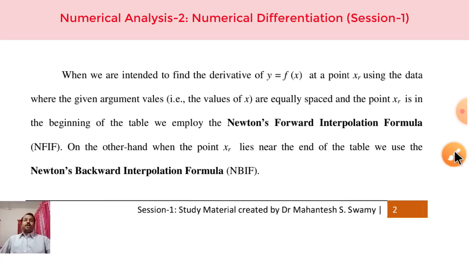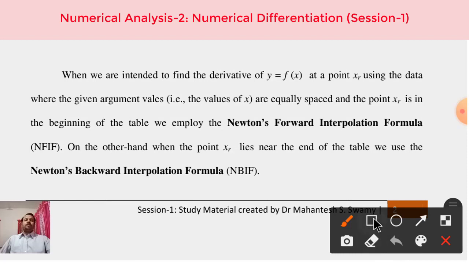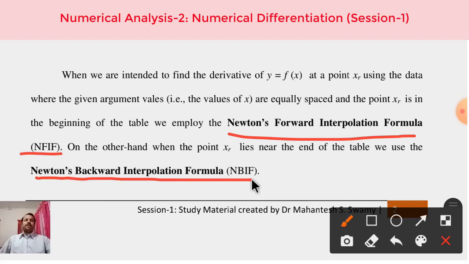One more important thing we have to remember here is that these two formulae, Newton's forward interpolation formula NFIF and Newton's backward interpolation formula NBIF, can be used only when the given table is such that the values of x are equally spaced. That is, the difference between two consecutive values of x is constant.